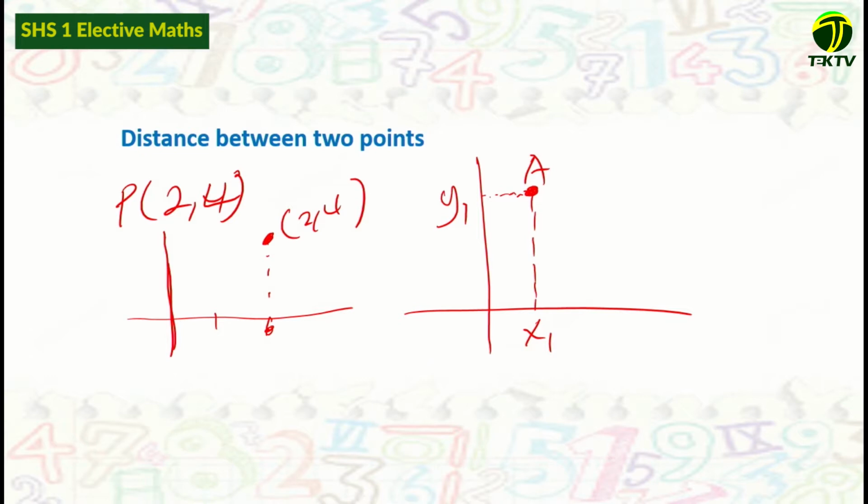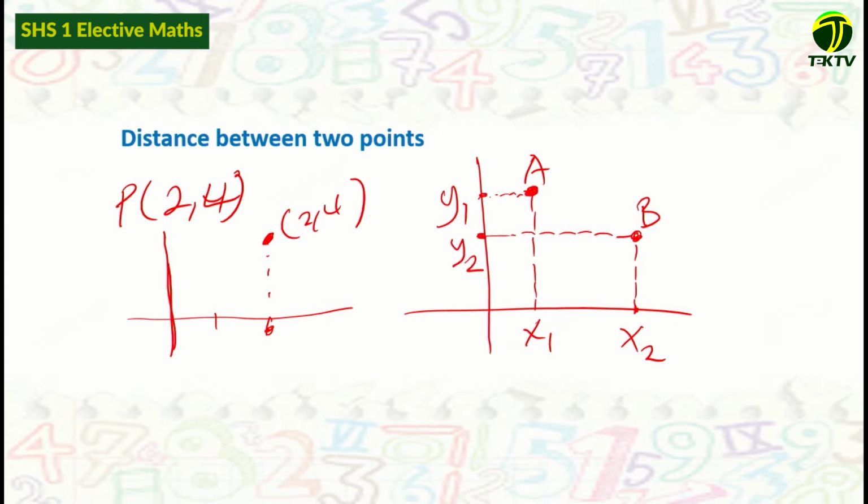Let's go for another point in the same plane. Let's say point B. When I trace the point B to the x-axis, I have an x coordinate there. I want to label that one as x2. Same way, if you trace the B to the y-axis, you have the y coordinate there as y2.